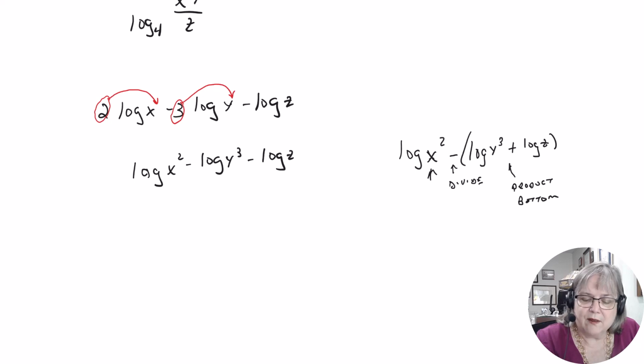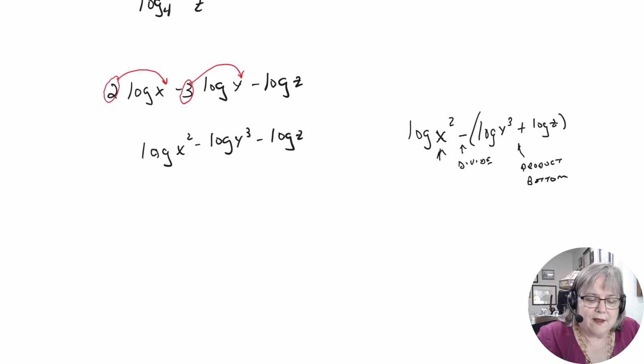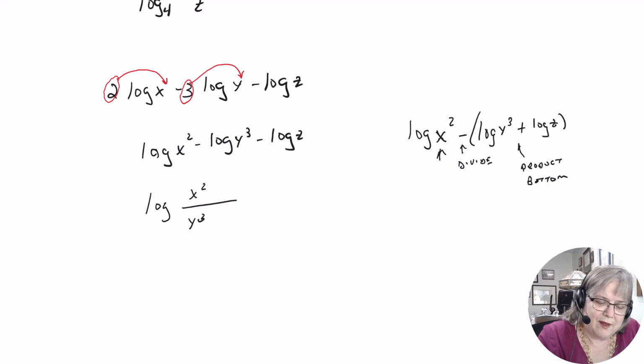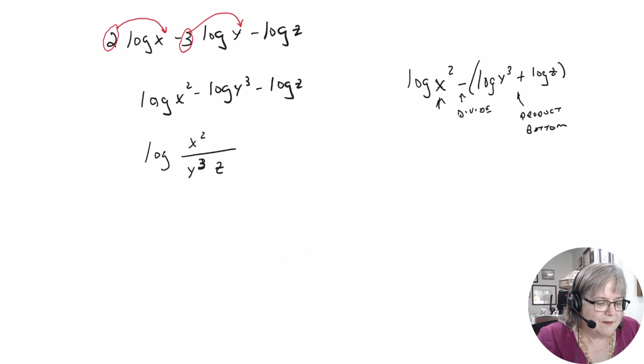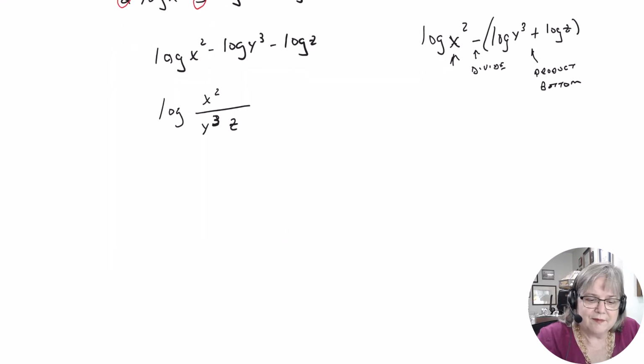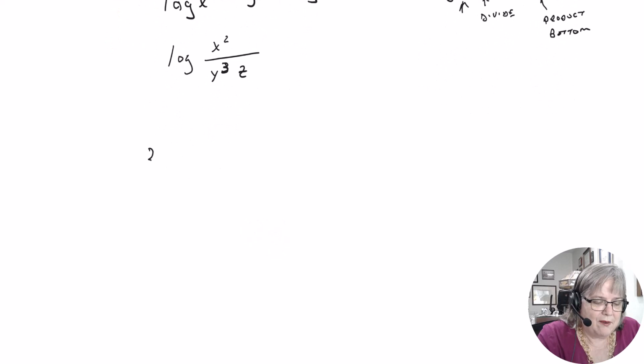Or you could just say, oh, the positive ones are multiplied together on the top. The negative ones are multiplied together on the bottom. So I only have one positive one, and I have two negative ones. And you're done.